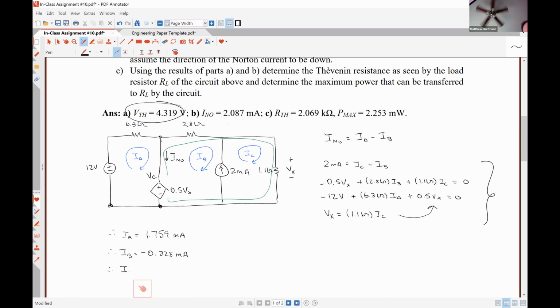And IC was 1.672 milliamps. So we can now use this and find that I Norton is 1.759 milliamps minus negative 0.328 milliamps, which means I Norton is 2.087 milliamps. I'll give you guys a minute to punch all those equations into your calculator and confirm.